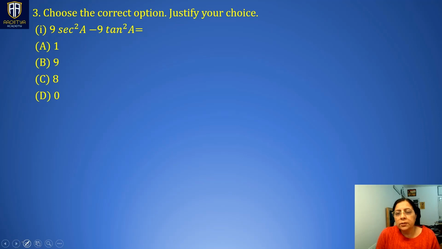Right? Now the next question is, we have to choose the correct option for the given expressions. This is a very basic question. It is 9 secant square A minus 9 tan square A. First of all, we take out 9 common.